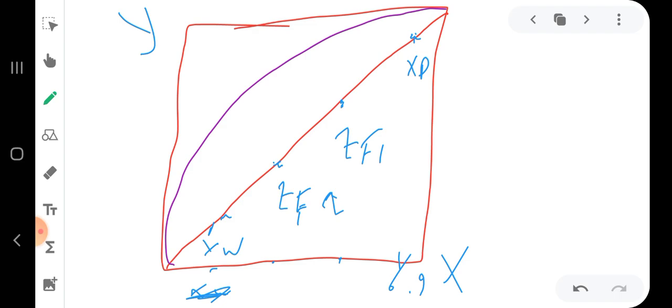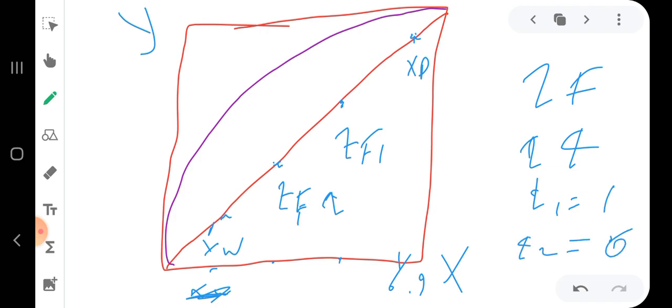You need to draw the Q line, and since we have two feeds, we have two Q lines. Suppose Q1 is equal to 1 and Q2 is equal to 0. So we have saturated liquid in feed number 1, and saturated vapor in feed number 2.